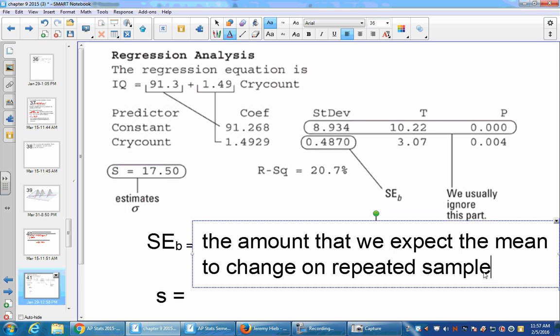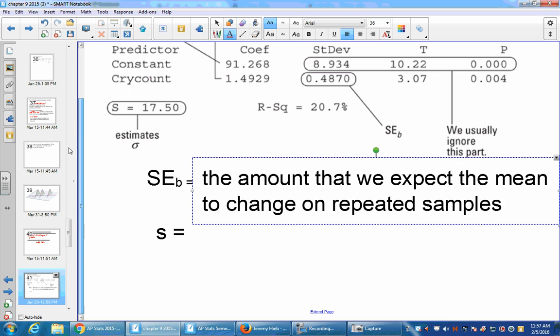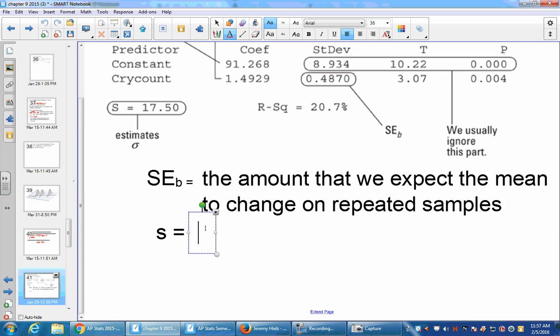So if you take another sample of the same size, we would expect the slope to deviate. Not every slope is going to be exactly the same, but we would expect them to be similar. And the amount we would expect them to deviate is about 0.487.